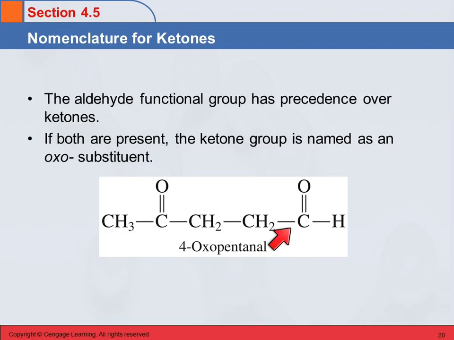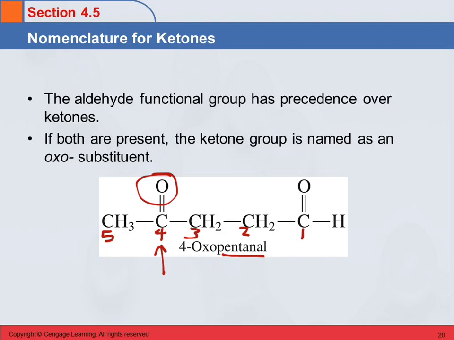So the longest chain here, we're going to start with the aldehyde group. Let's number that. This is 1, 2, 3, 4, 5. So it's based on pentane. The aldehyde group makes it pentanal. And then we've got this guy on carbon number 4. So we call that 4-oxopentanal.